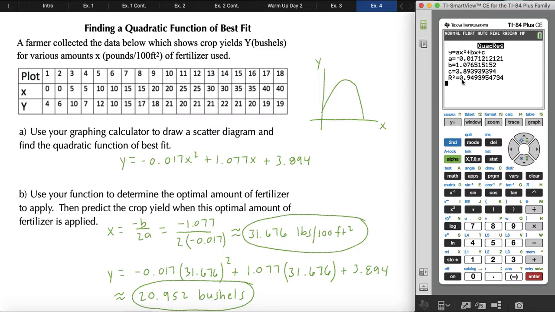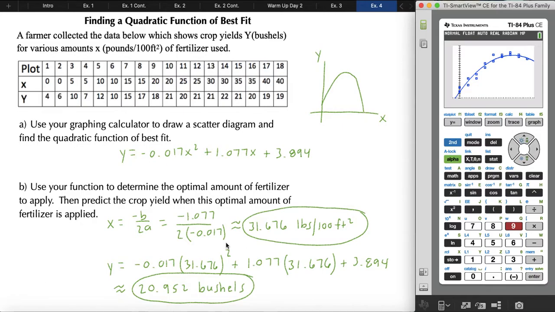And then it also gives you an R squared value. We don't really care about that for now. So this would be the quadratic model rounded to 3 decimal places, okay? If you go to your y equals menu, your equation should be stored in for y sub 1. And then before you hit graph, do a zoom 9 so that the window gets adjusted around your point. So there's your scatter plot along with the equation graphed, okay?